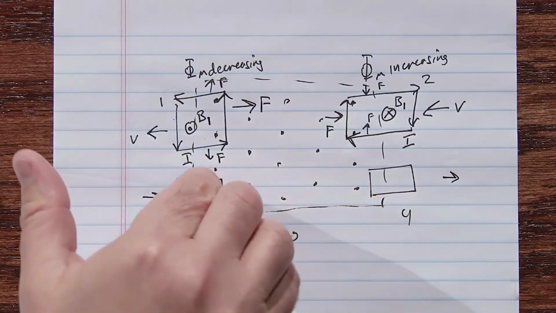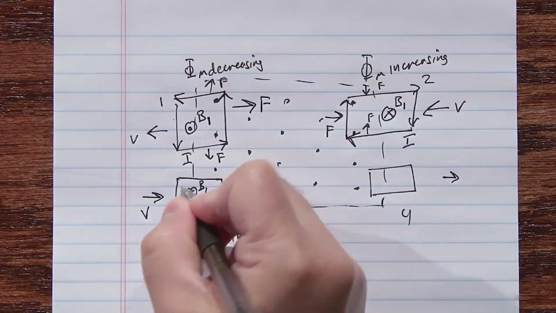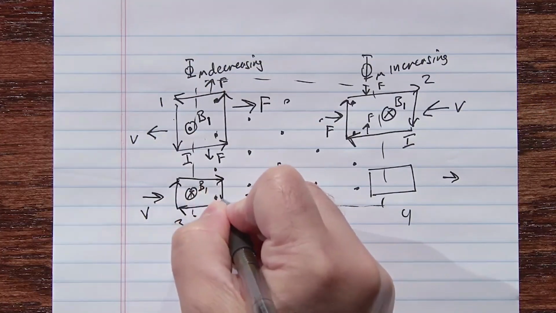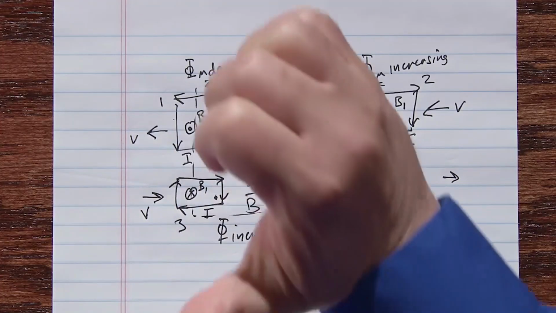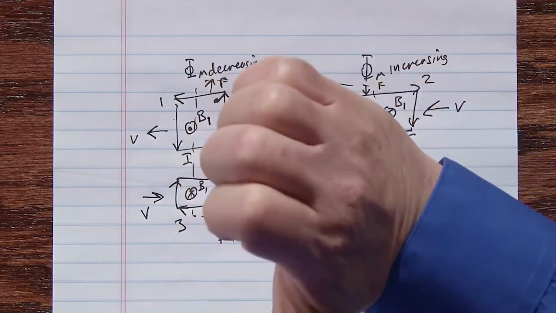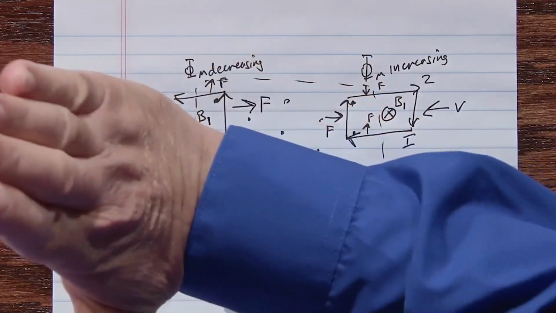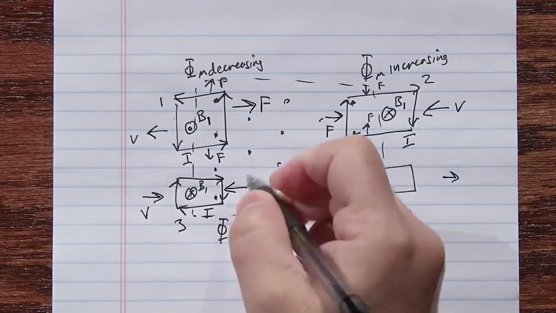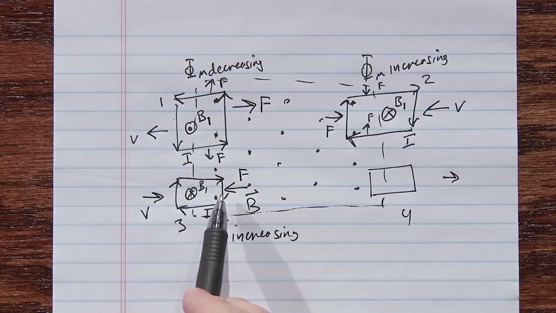Well, that is going to be a clockwise current. So the induced current in this case is clockwise, and the force on this side is going to be down. I mean, the current is down, the magnetic field is up, so this loop will feel a force back out. So once again, as we try to push this loop into the magnetic field, there's resistance. There is resistance to changing the magnetic flux through a loop.